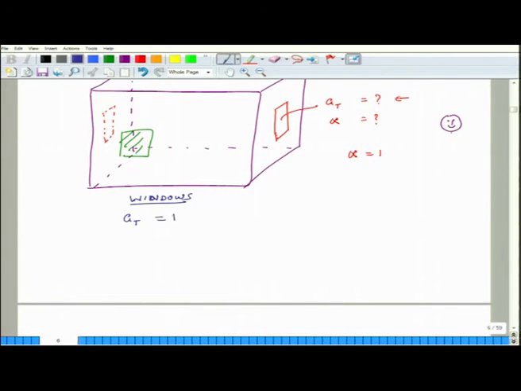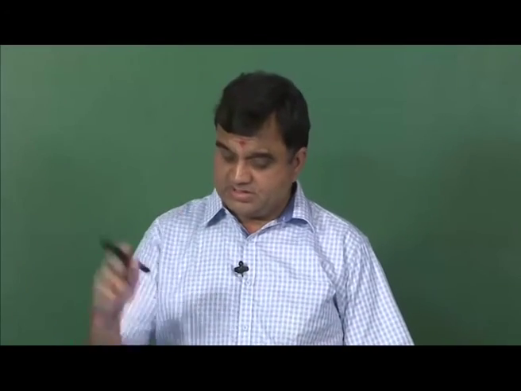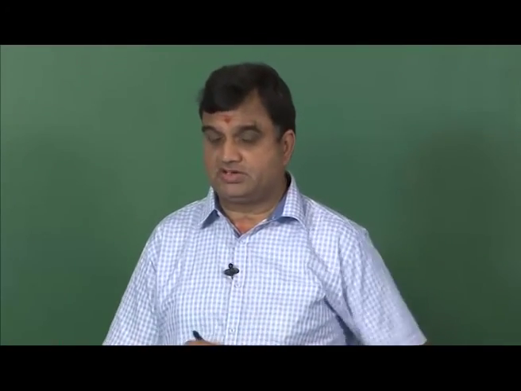AT equals 1 if, let us say this person is the operator, when the operator is in front of the source. Suppose the sound is travelling in this direction and the operator is in the same direction, then we will say AT is equal to 1, because he will hear all the sound which is coming out.